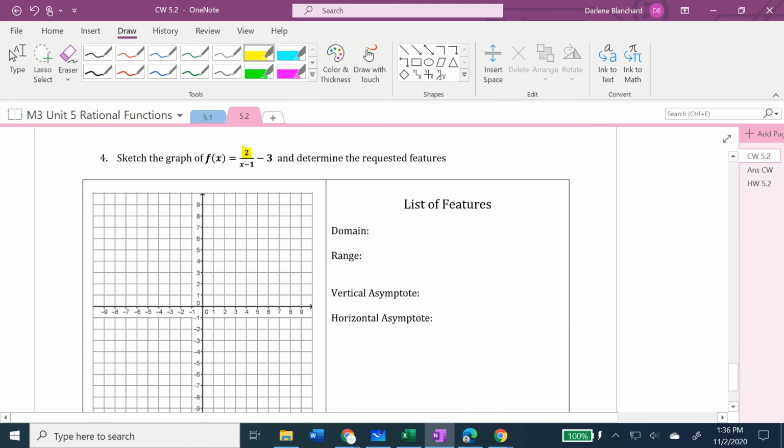This time, we are multiplying by 2. So I've got my initial parent graph. My initial parent graph goes through the points (1, 1) and (-1, -1), and its asymptotes meet at the origin. If I multiply all of their y values by 2, that's going to tell me how the entire graph stretches.